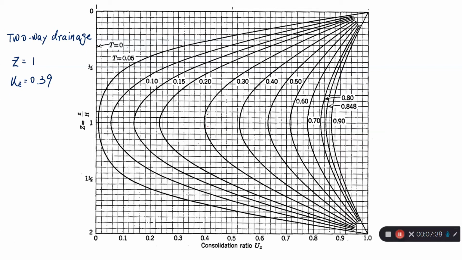And then we can figure out the time factor.